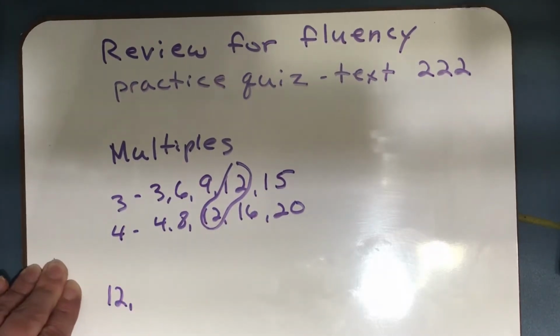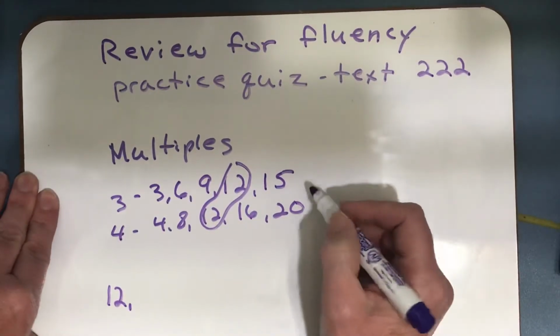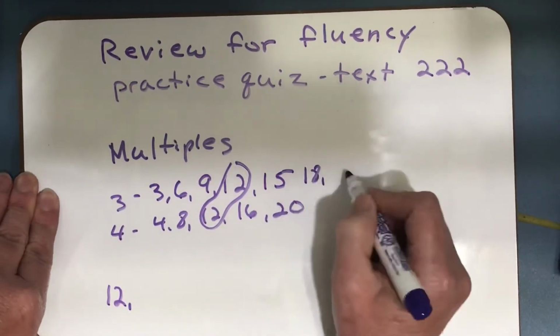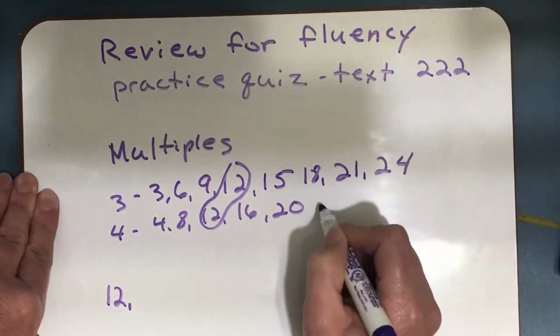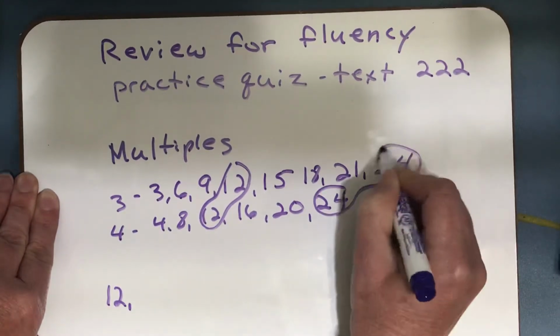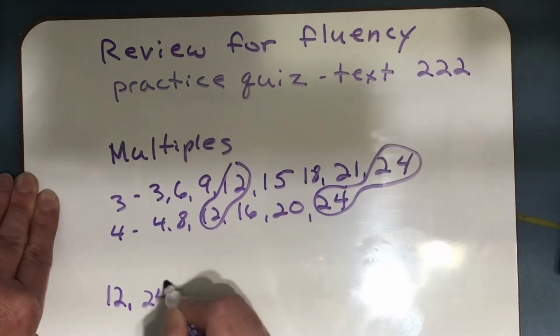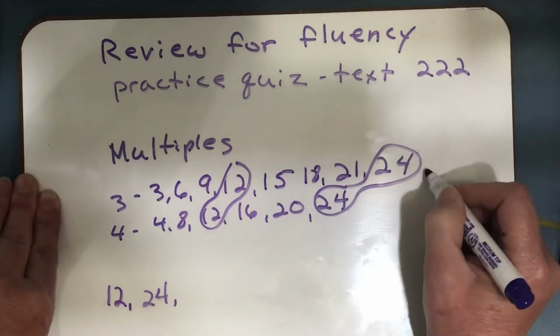So let's keep going so that we can get 2 more common multiples. So on 3s, I'm going to go to 18, 21, 24. And on 4s, my next one is 24. So there we go. There's another common multiple. It's 24. Okay, let's find one more on the 3s and 4s.